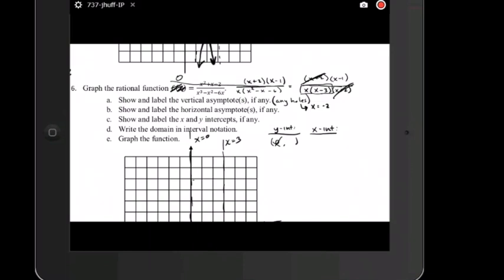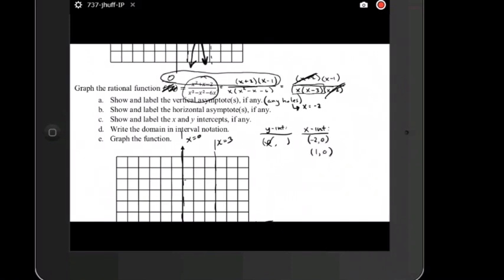So we need to solve 0 equals x plus 2 times x minus 1. So the two solutions for that equation would be x equals negative 2 and x equals positive 1.